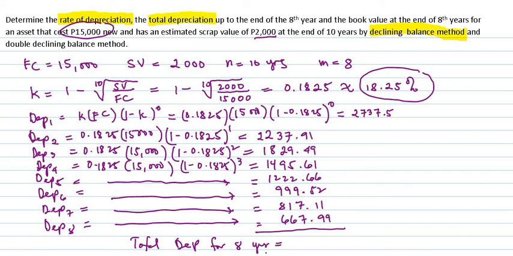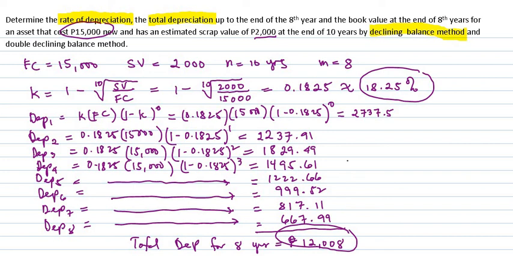So if we sum up this one, the equivalent is 12,008. So this is now our total depreciation up to the end of the 8th year. That is how we find the total depreciation after 8 years.